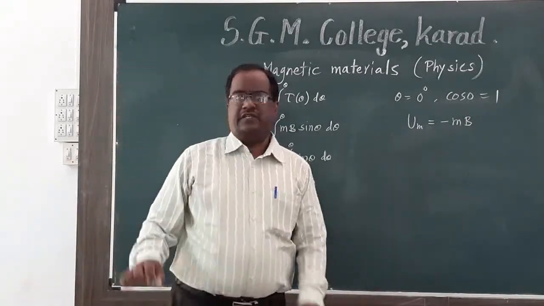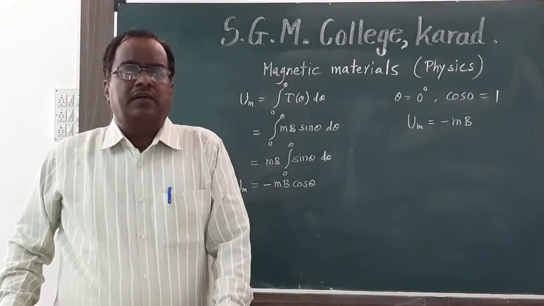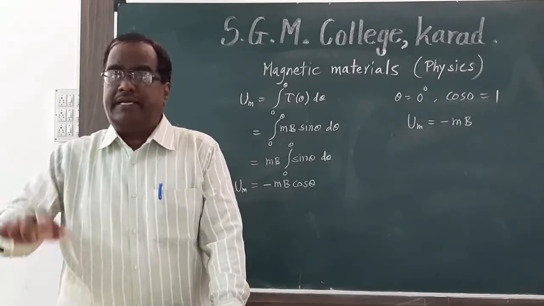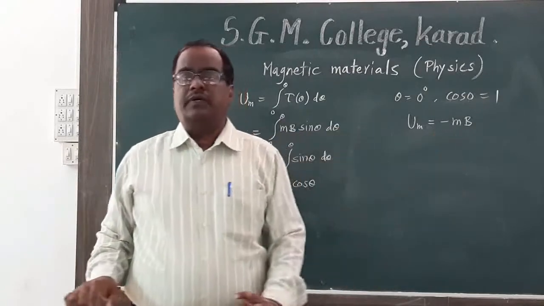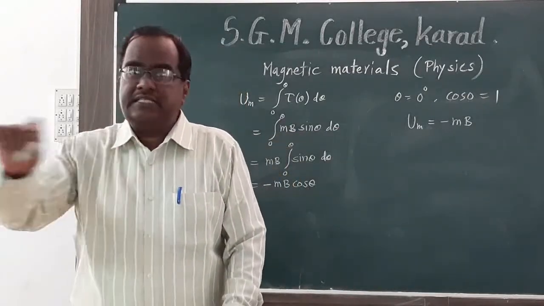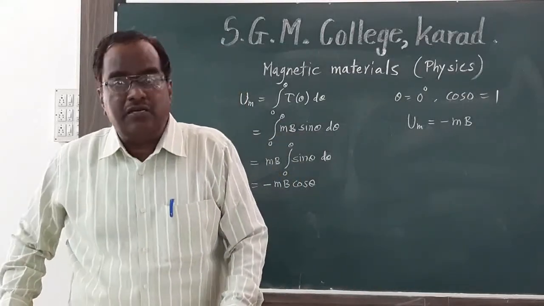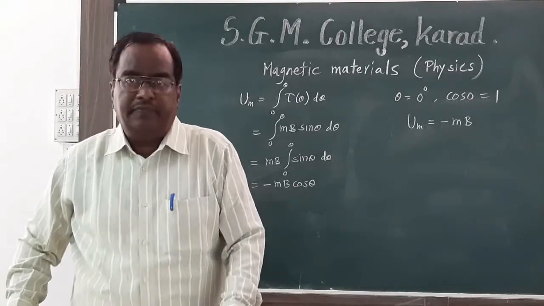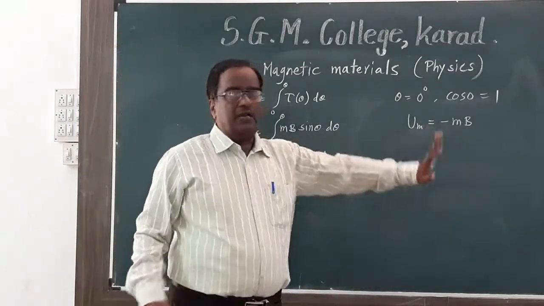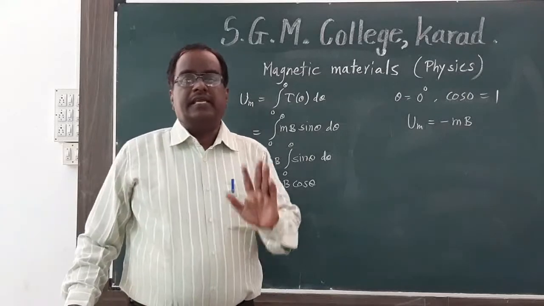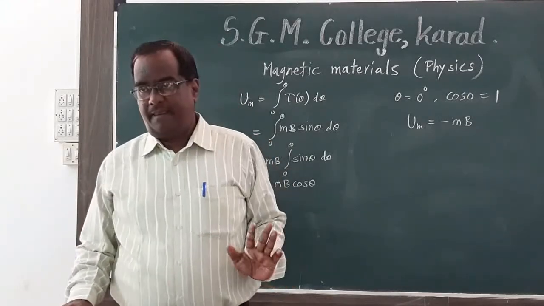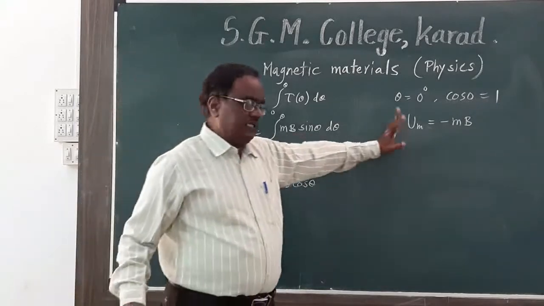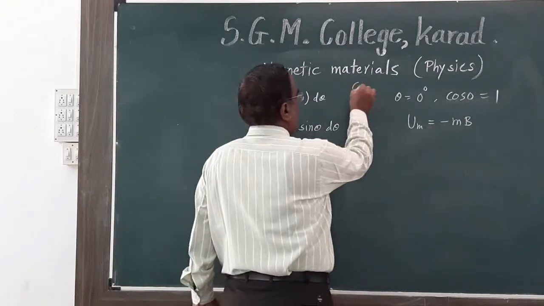From this expression, it is clear that the potential energy of the magnet is minimum when its axis is parallel to the direction of the field. In this case, the magnet is said to be in stable state. This is case 1.